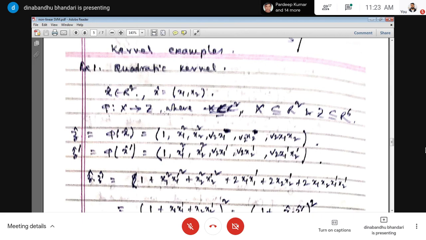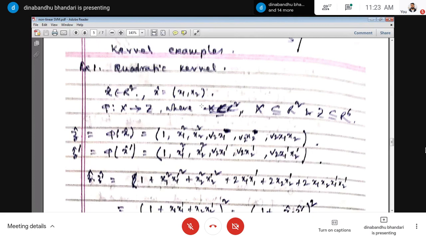So I'm trying to design a kernel that would take our points in 2 dimensions as input, take these points into 6-dimensional space, calculate the dot product, and provide us the output. It is a simple kernel called the quadratic kernel, and let's see how it works.